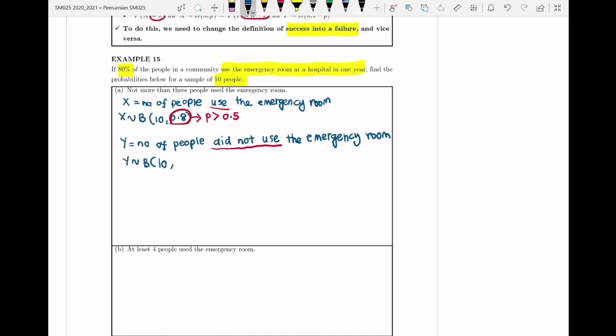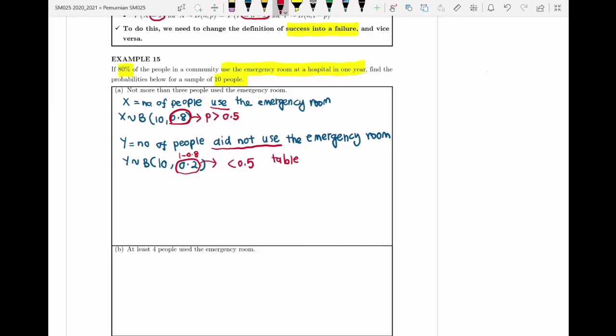The number of trials n is still the same, but instead of p equals 0.8, we will use q, 1 minus 0.8, which is 0.2. So now the probability is less than 0.5, and we can use the table.